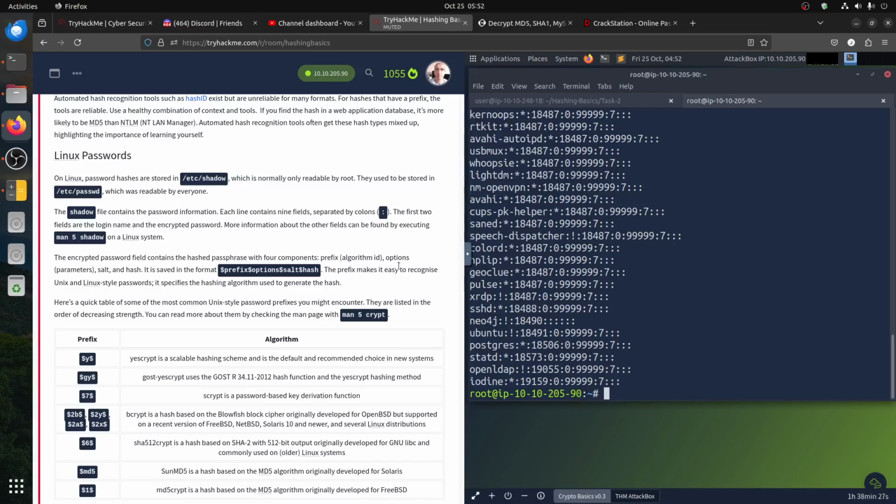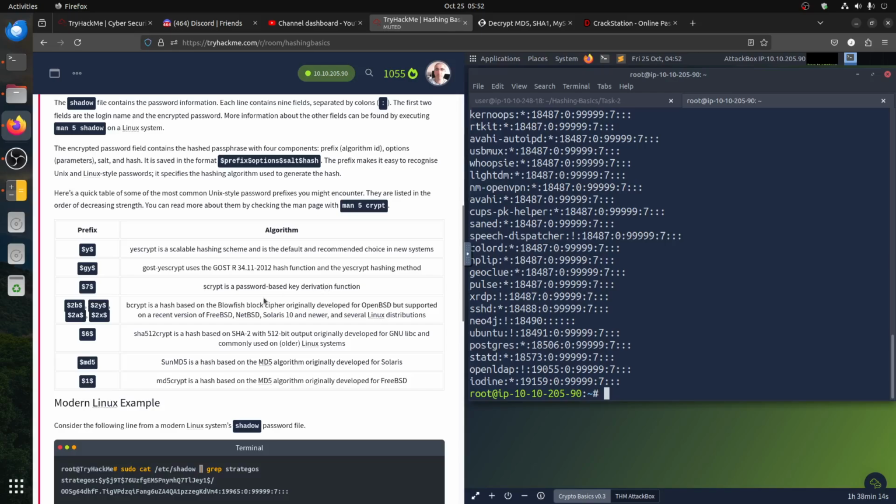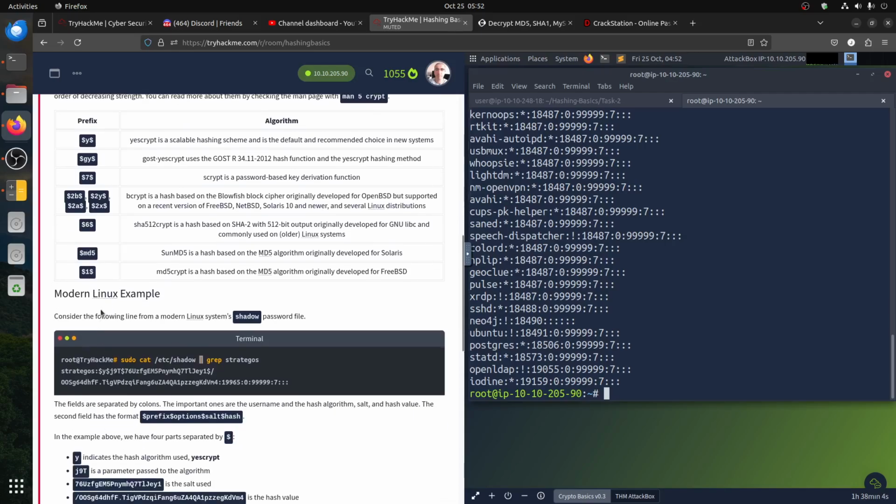Okay, this is the way, for example. The prefix makes it easy to recognize Unix and Linux systems. We'll check this now. It's easy to identify the algorithm. For example, $y$ is yescrypt, a scalable hashing scheme. We'll understand this better when we go to hashcat.